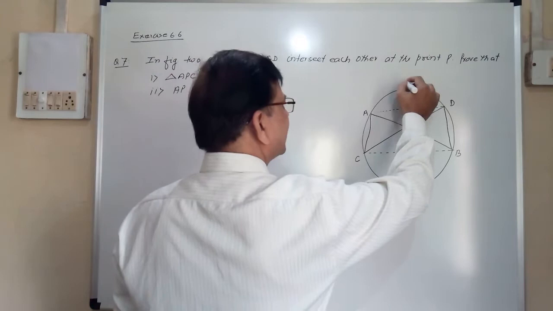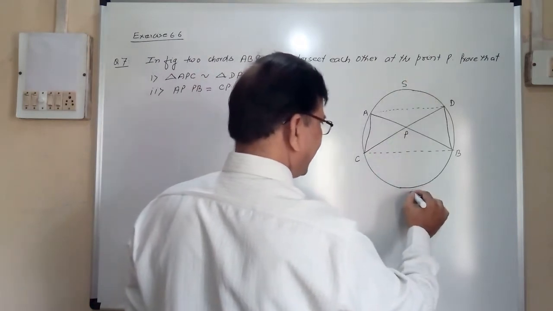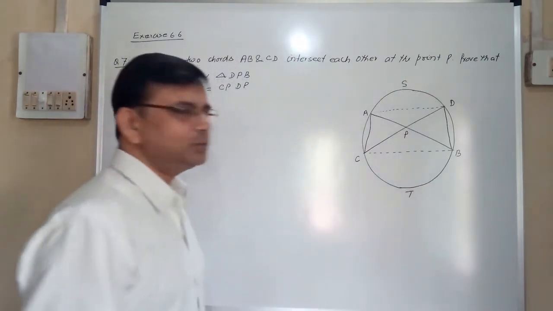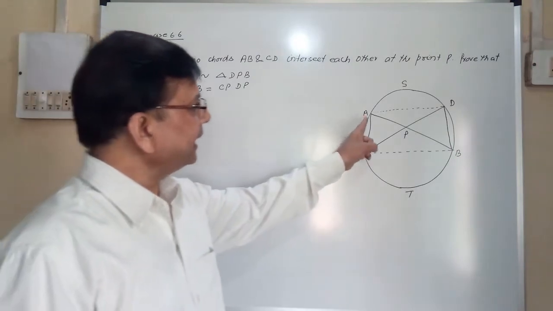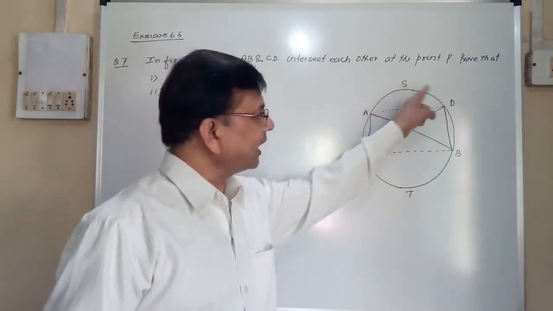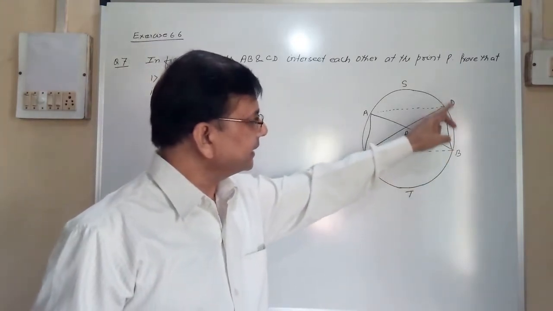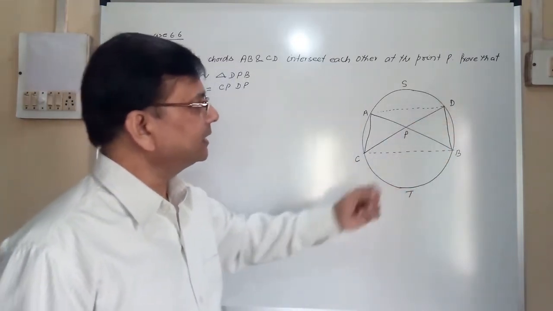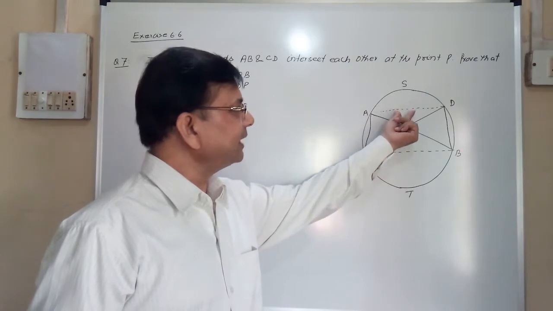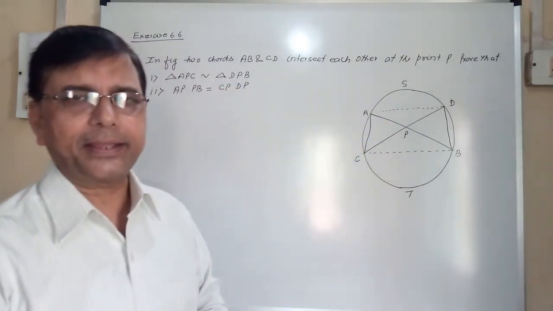So suppose S and T to denote that ASD is one arc, and ATD is another arc, and these two arcs are made by this chord AD.